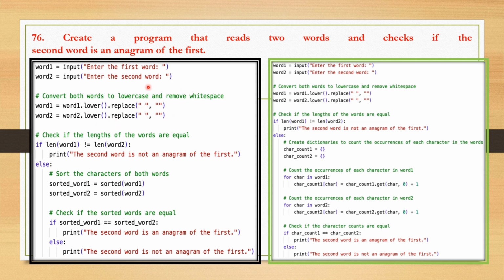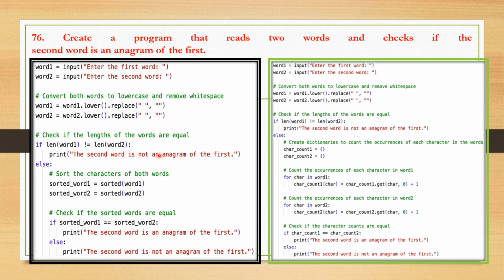And white space is removed using the replace method here. So this program will check if the length of word 1 and word 2 is equal. If they are not, that means the second word cannot be an anagram of the first, and it prints that message.